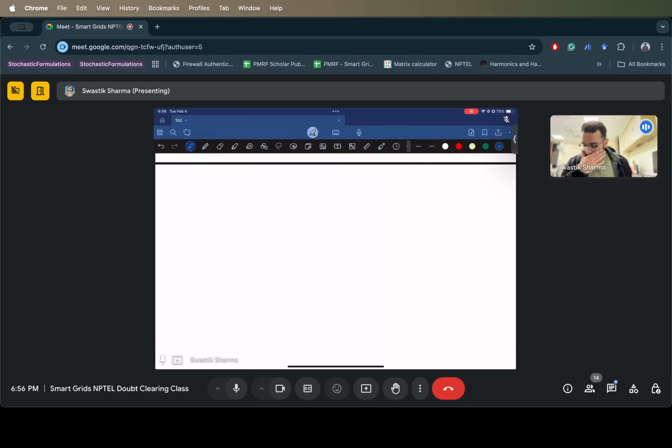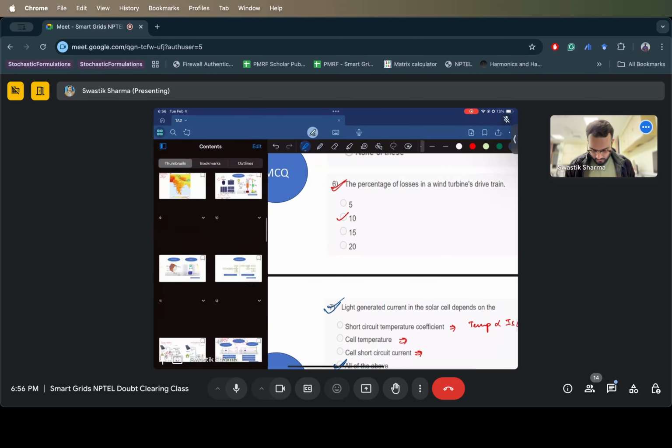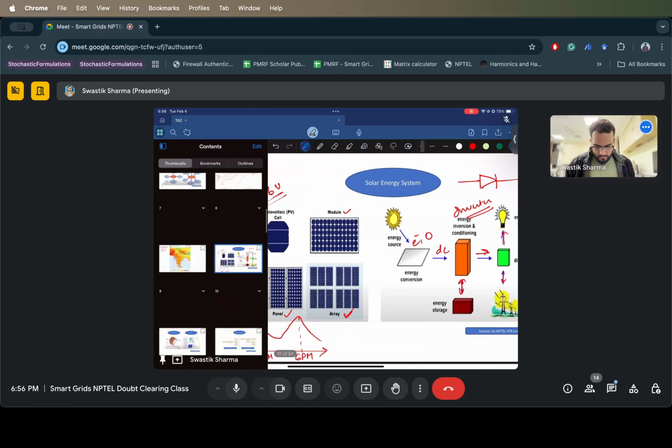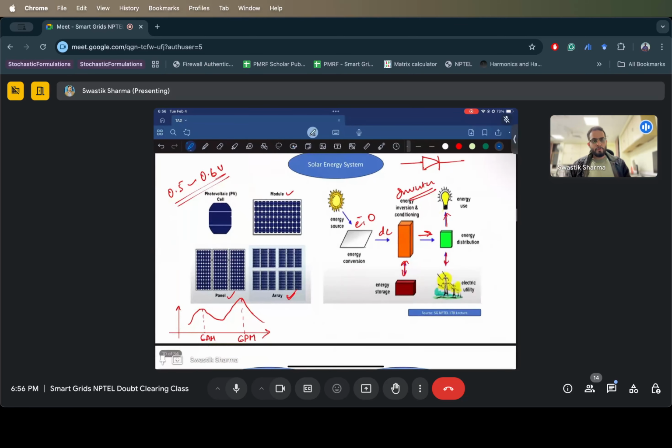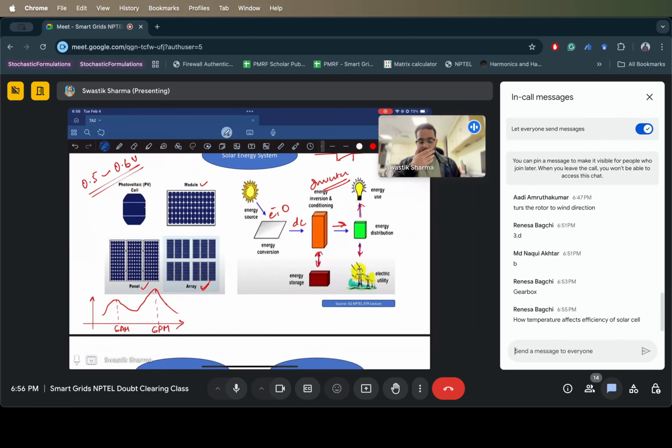Okay, so Renessa, tell me, when I said I won't use this slide, why am I using this slide? So when there is a photovoltaic cell, the solar energy impacts this photovoltaic cell and creates electron hole pairs. This comes from the fact that there is some form of energy called light energy.